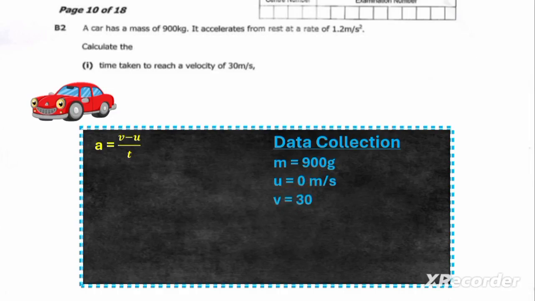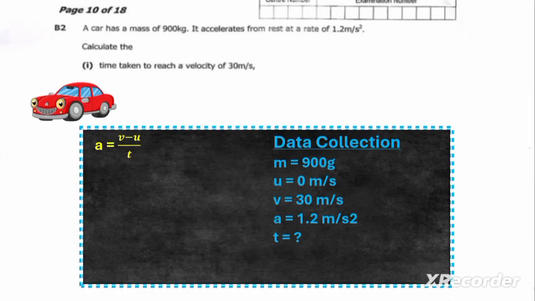The final velocity is 30 meters per second. The acceleration has been given, which is 1.2 meters per second squared. What are we looking for? We are looking for time.